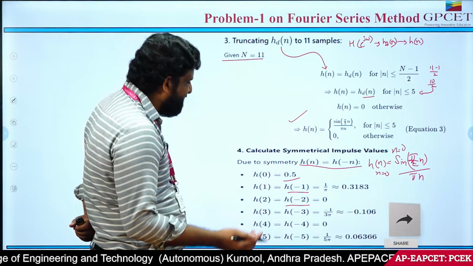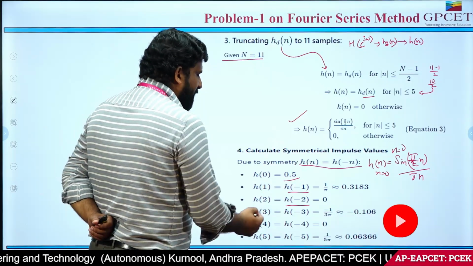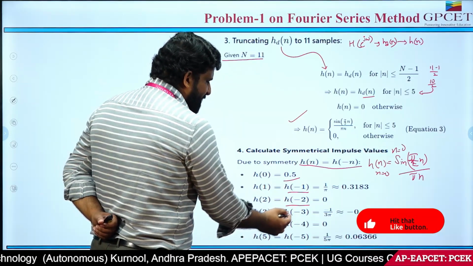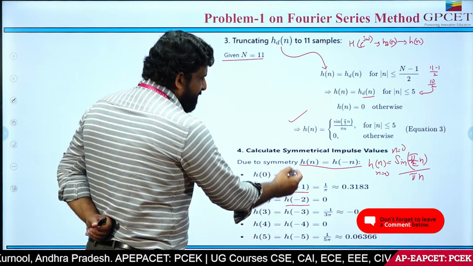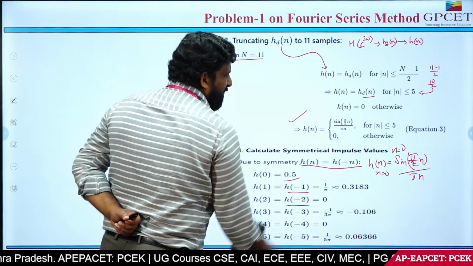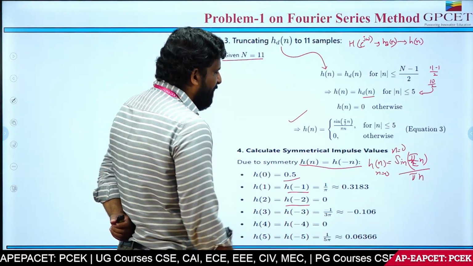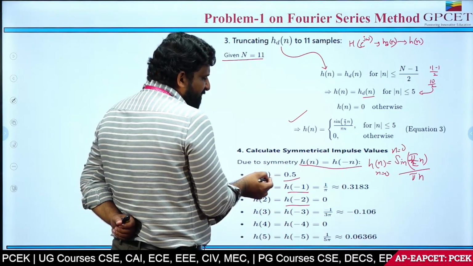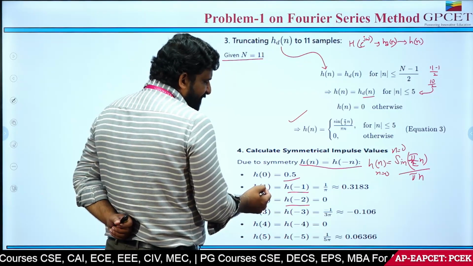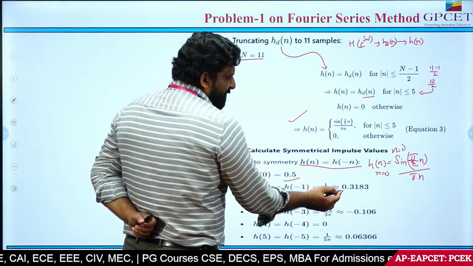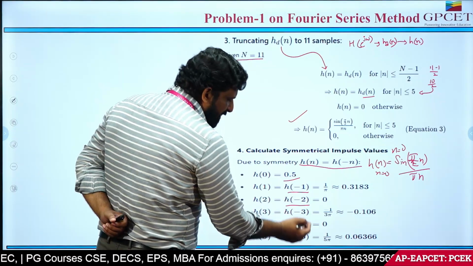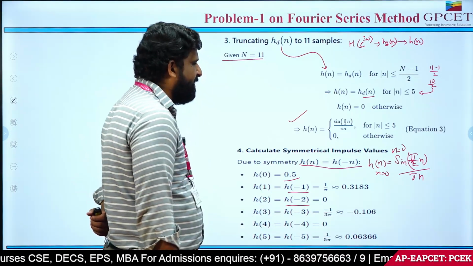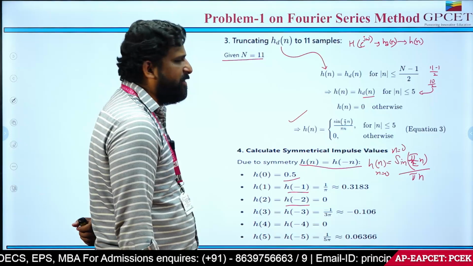That means if we substitute either 1 or minus 1, either 2 or minus 2, 3 or minus 3, in this h of n, then the values we get are: h of 0 is equal to 0.5, and for 1 or minus 1, the value becomes 0.318. These are the symmetrical impulse values obtained by substituting from 0 to 5.